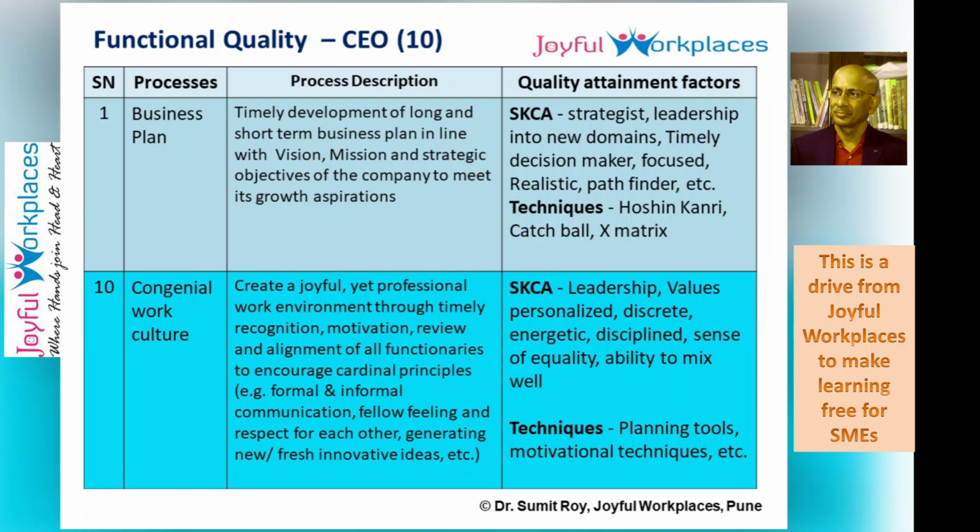There is a specific graphical tool, a matrix, which is used for deploying the Hoshin Kanri. It is called the X matrix. Catchball is also a technique in the same strategic plan deployment. It is used across the different levels to pass on information from top to bottom and also from bottom to top.